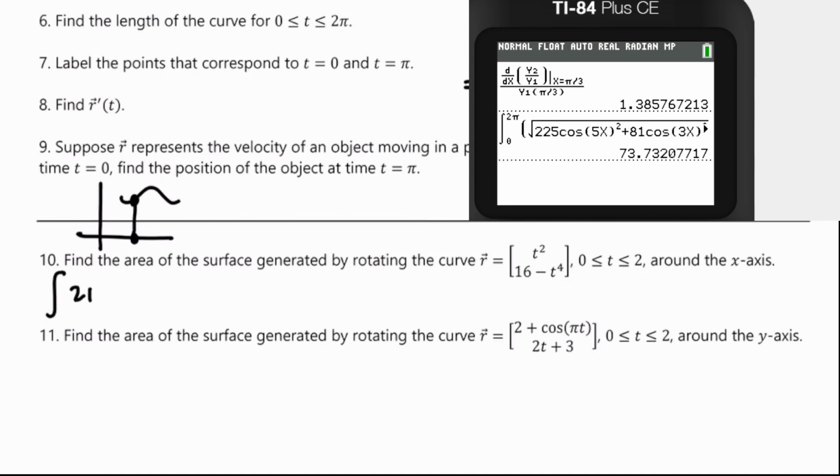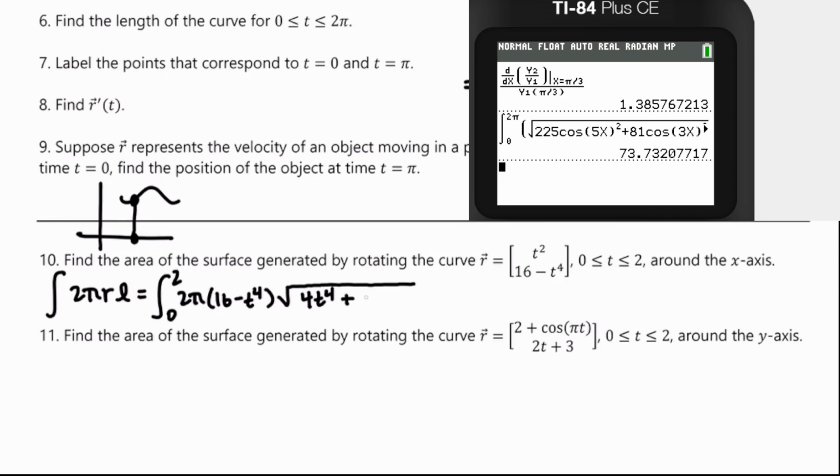It's the integral of 2 pi RL, and r is going to equal the y-coordinate. And we are going to integrate from 0 to 2 because those are the t-coordinates. 2 pi times the y-coordinate, 16 minus t to the 4th, times the square root of x prime squared, so that would be 2t squared, which is 4t to the 4, plus y prime squared, negative 4t cubed.